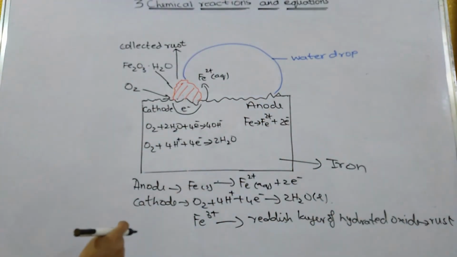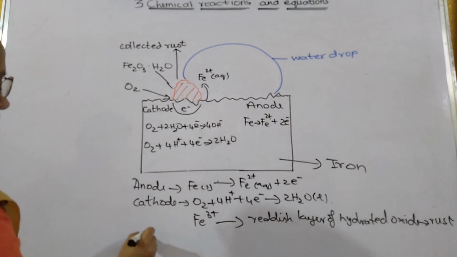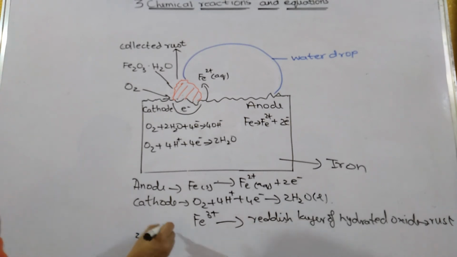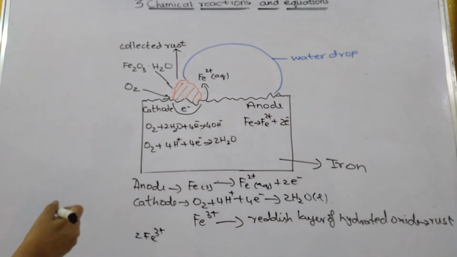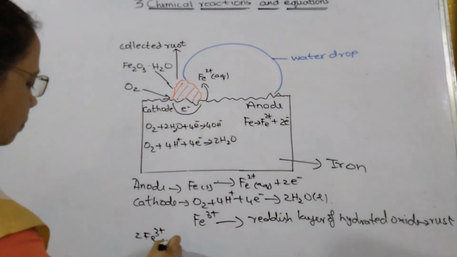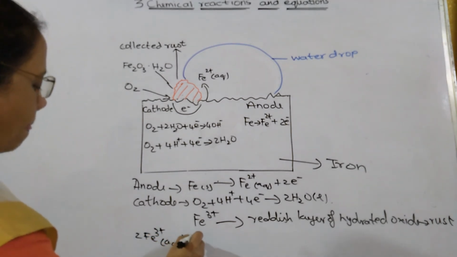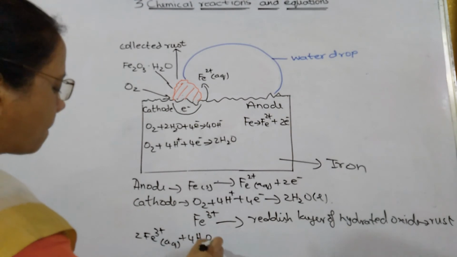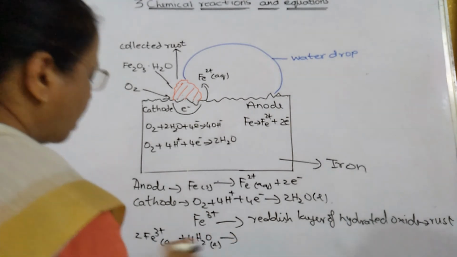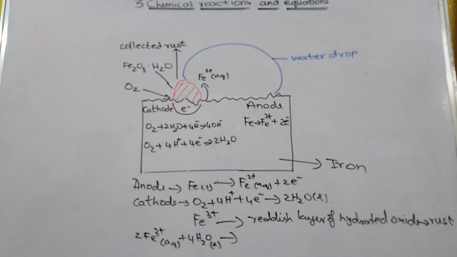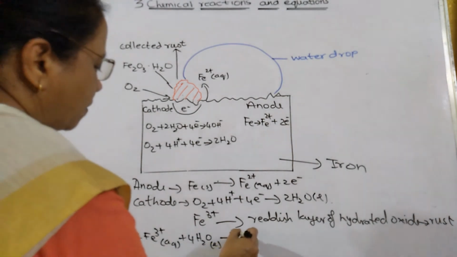So 2Fe3+ plus 4H2O, which is liquid, reacts to give what? The rust. What is the formula of rust?